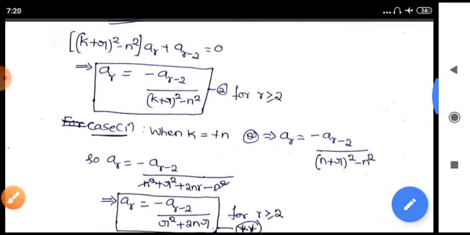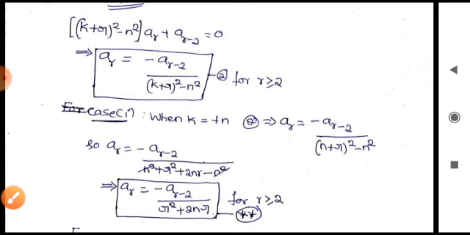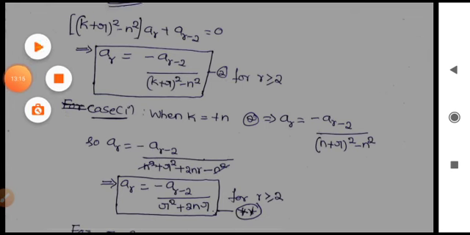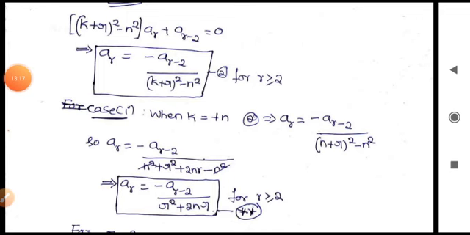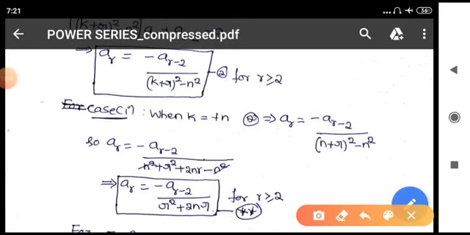Now, first case, when k is plus n, equation 2 implies a r becomes minus a r minus 2, k is replaced by n, divided by (n plus r) whole square minus n square.